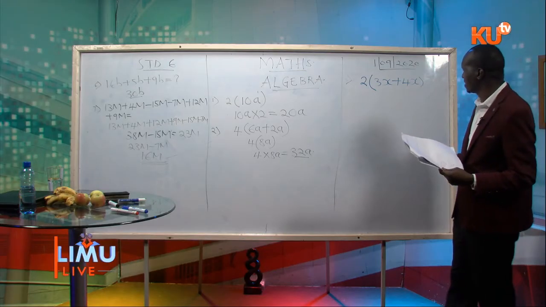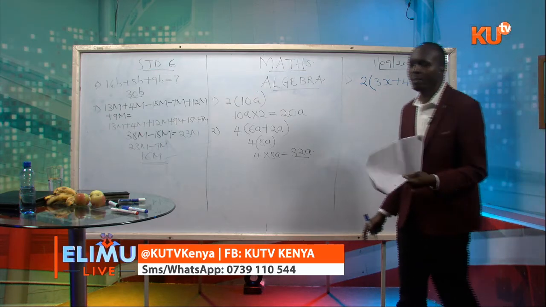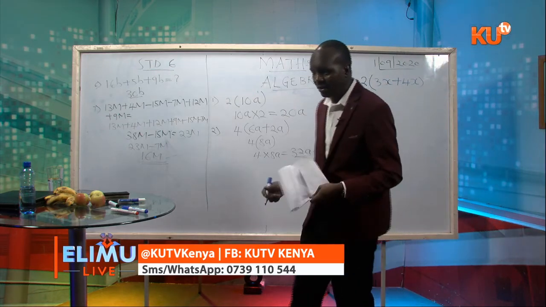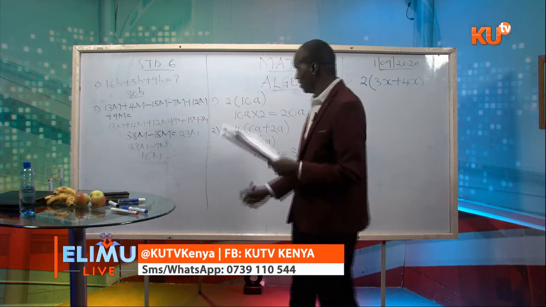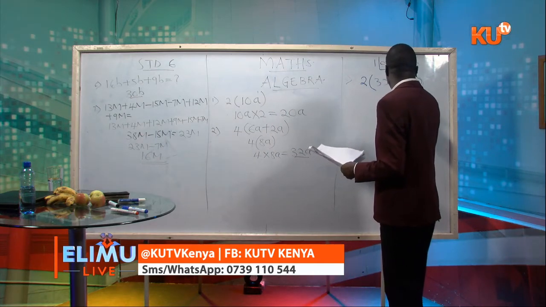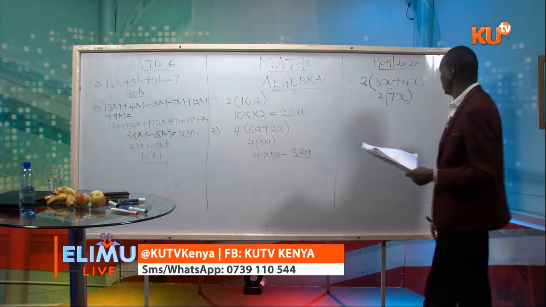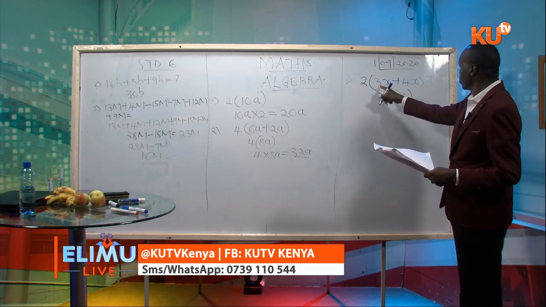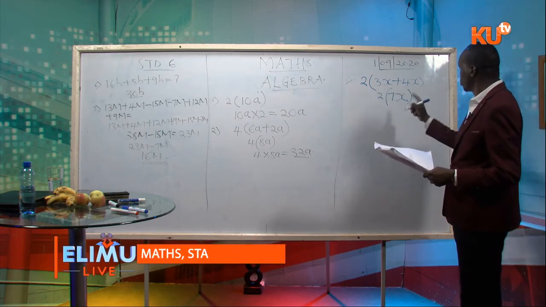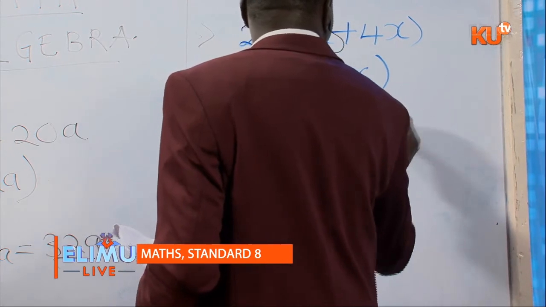The first step, simply because we have got like terms, is to add what is in the brackets. That is 3 plus 4, we get 7x. 7x is the total sum of 3x and 4x. So we take 2 times 7x.